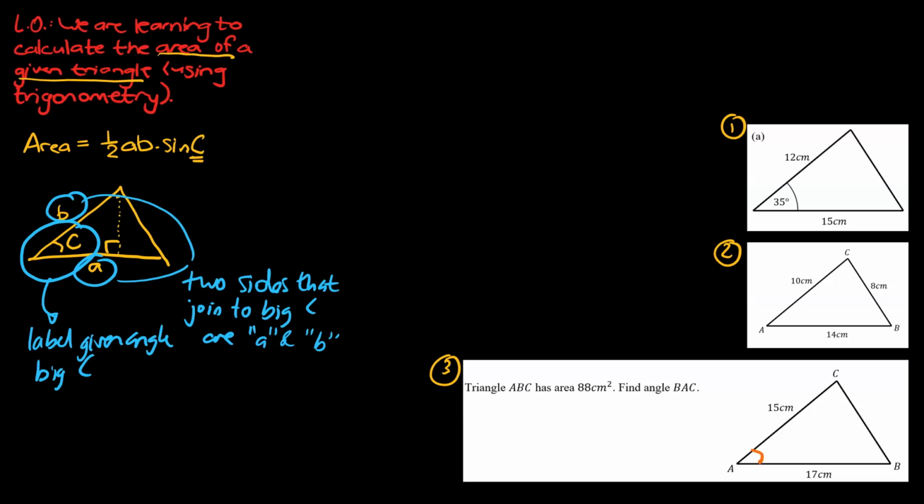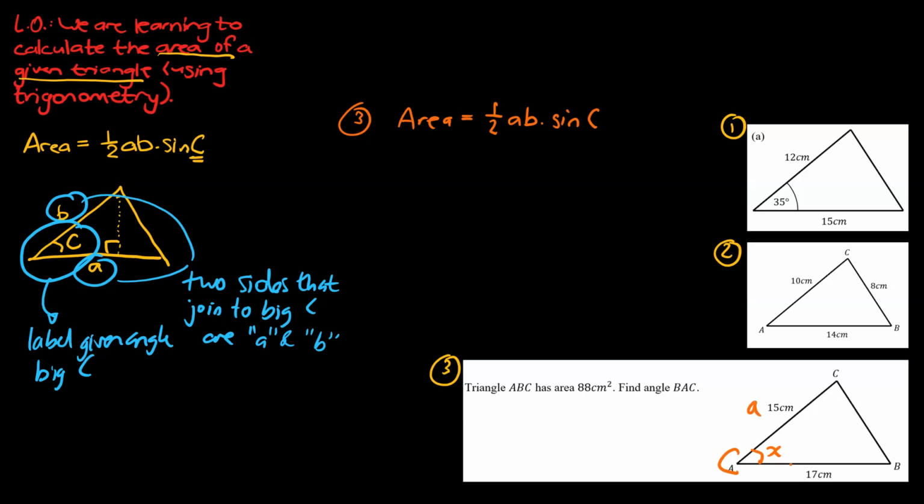I guess the first step with any question, we need to write down the formula that we're going to use. So in question 3, we're trying to find the area. That's equal to 1/2 of A times B times sine big C. So we then go through and label our triangle. That there is angle C, and we're just going to call that X because that's our unknown by the looks of it.